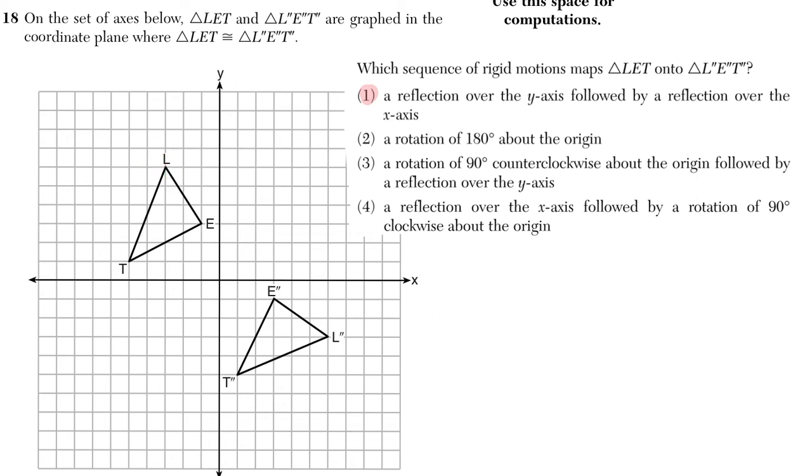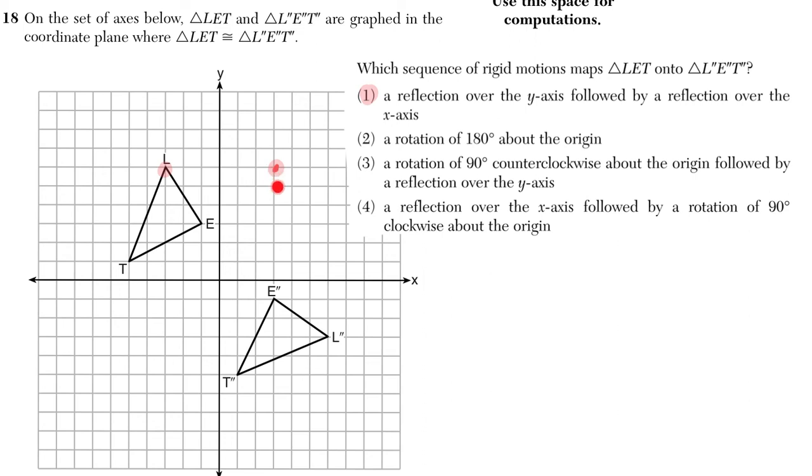And so here is what I know. If this is L, and it looks like we've got two steps, right? If it's a reflection over the y-axis, I can see that it's 1, 2, 3 units from the y-axis. So it's reflecting, it's going to go an additional 3, 1, 2, 3. So here we've got L prime. And then what does it say? It says a reflection over the x-axis. So now here is what I know.